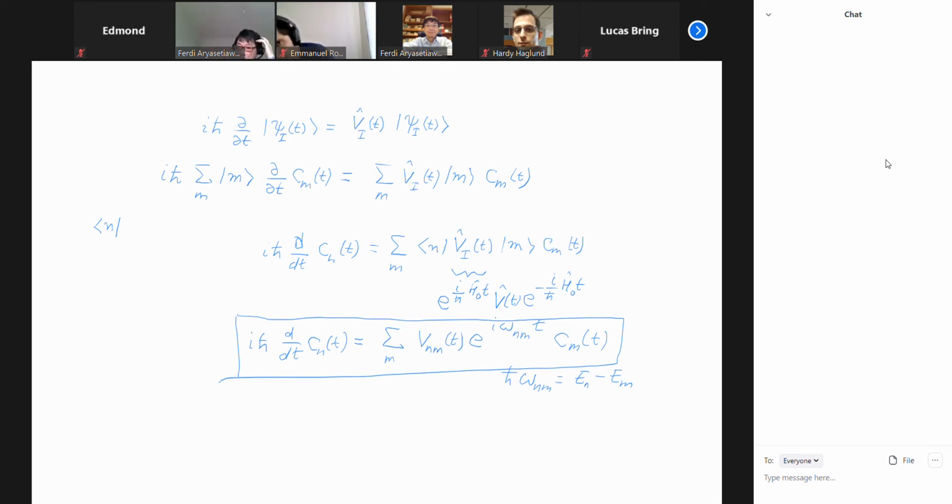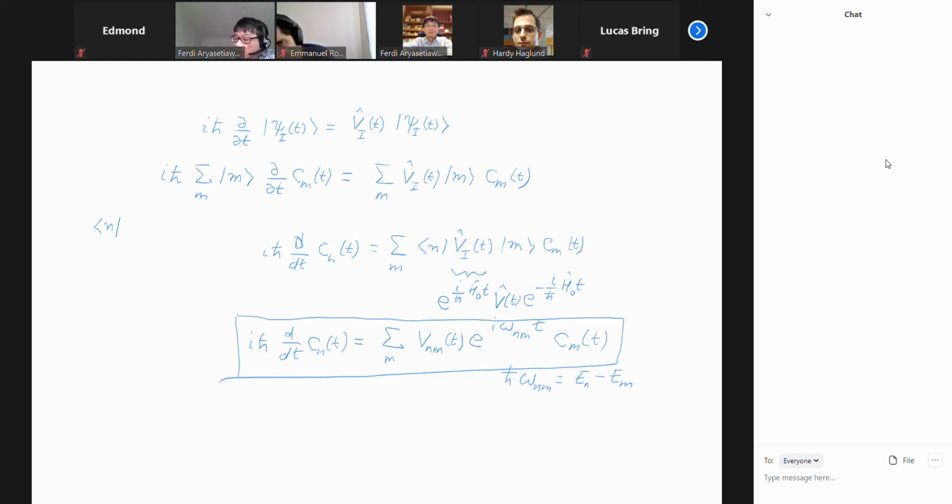It is of course very difficult to solve when we have lots of states or lots of particles. Here we are only talking about one particle with many states, so if we have lots of states, then obviously these equations are not easy to solve.